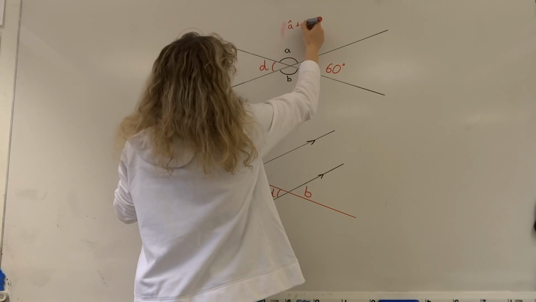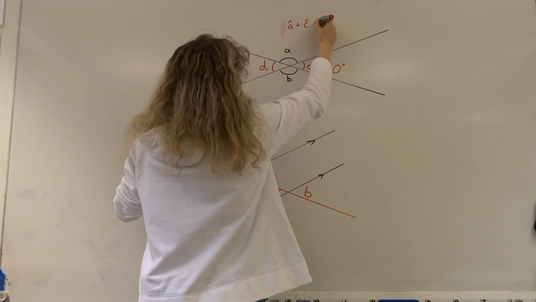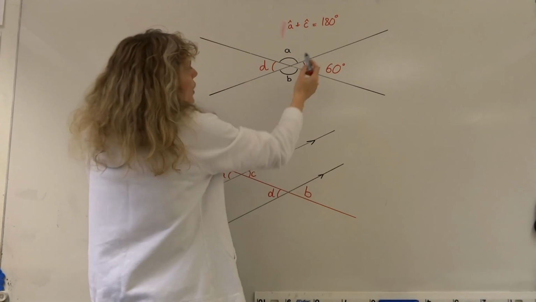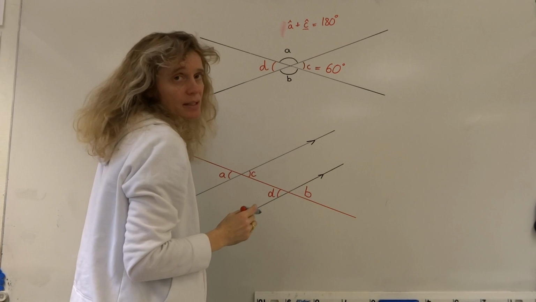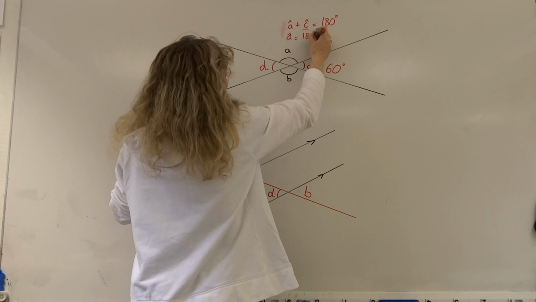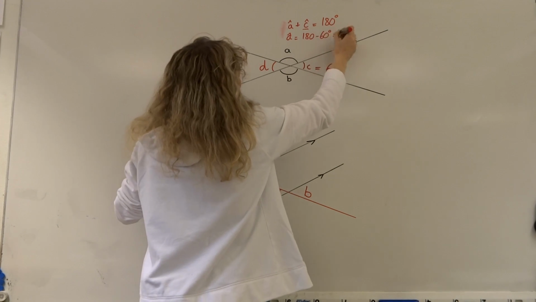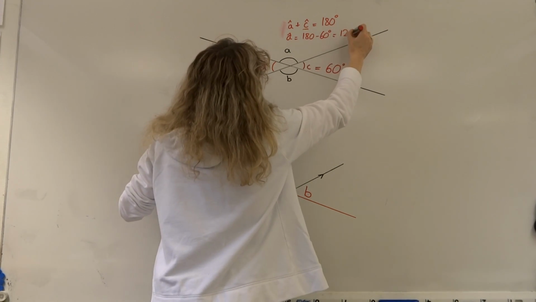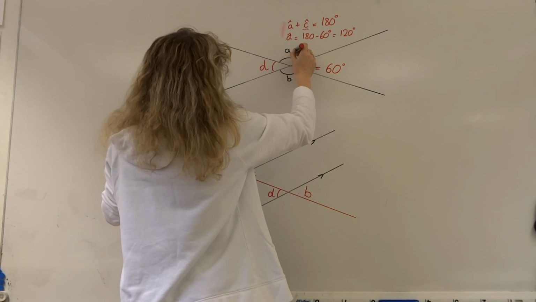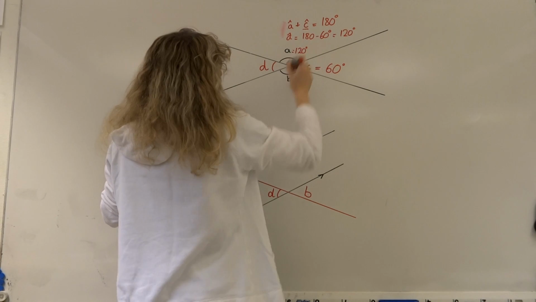So A plus angle C equal 180 degrees. But we know that angle C actually equals 60 degrees. So we know that angle A must equal 180 minus 60 degrees, which is 120 degrees. So we now know that angle A equals 120 degrees.